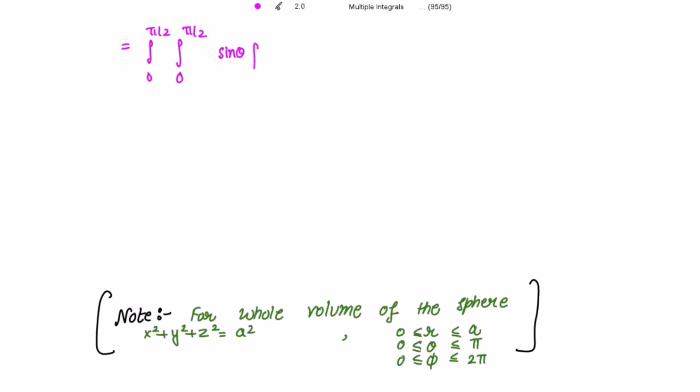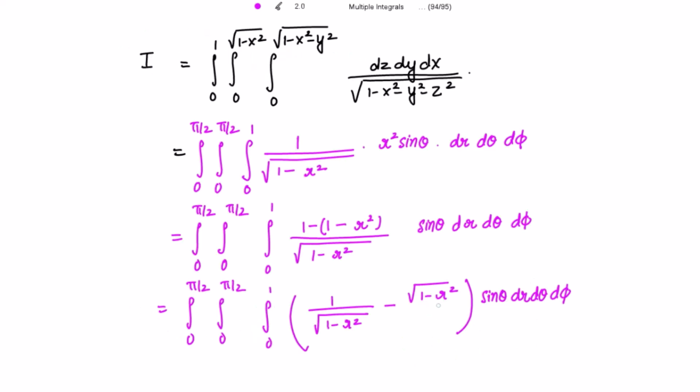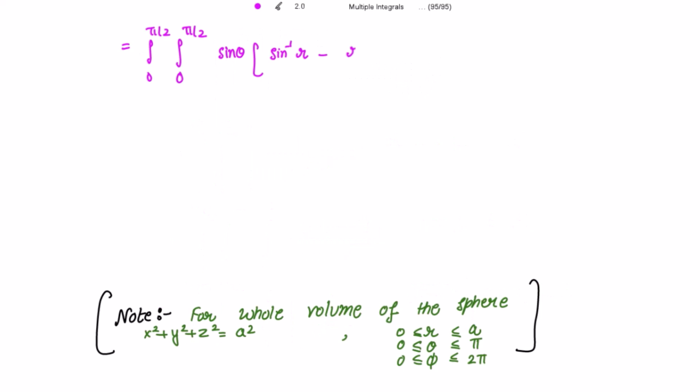So writing the first integral as sine inverse r, and then the integration of this square root of 1 minus r square, this is r square root of 1 minus r square over 2 plus 1 by 2 sine inverse r, with limits from 0 to 1, d theta d phi.